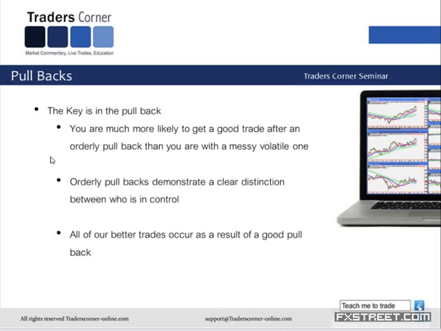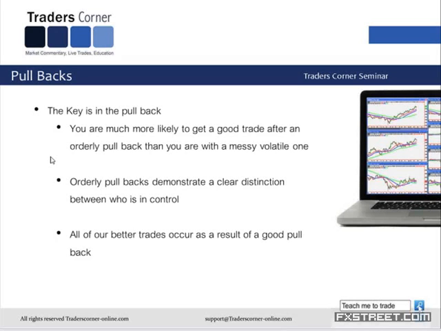By the same token, orderly pullbacks demonstrate a clear distinction between who is in control. If the buyers are in control and you've got a nice pullback to the downside, we're not necessarily saying that the sellers are in control, but all you're seeing there is that the buyers aren't looking to get in control of that market. They aren't trying to push the markets higher.